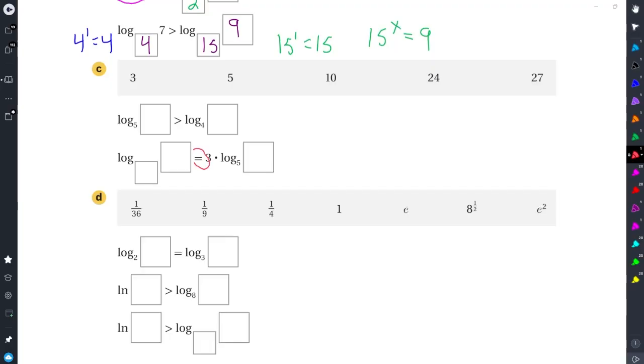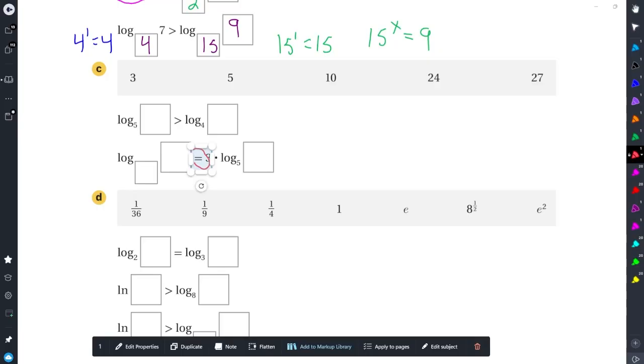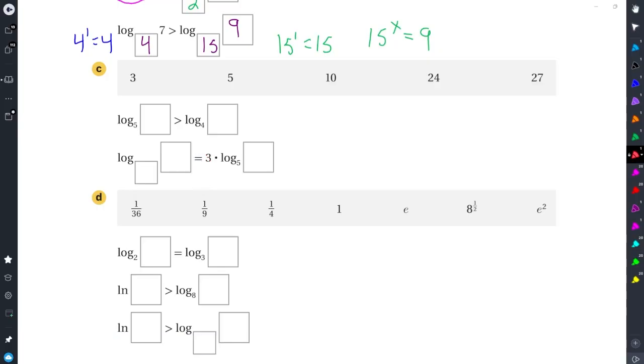So we have to have two things that are equal for that second one. We have log base blank of blank equals 3 times log base 5 of what? Well, I'm going to put the 5 there because log base 5 of 5, 5 raised to what power is 5, has got to be 1. So I have now 3 times 1, which is 3.